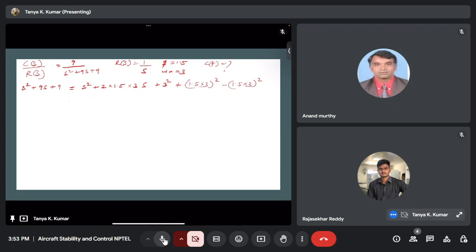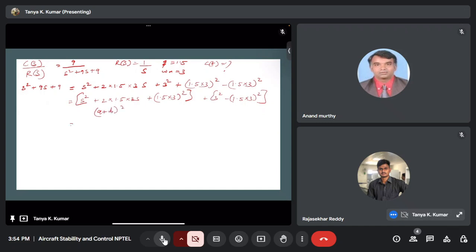So what happens now is that you get s square plus 2 into 1.5 into 3s plus 1.5 into 3 the whole square. So this is 1, and then you have 3 squared minus 1.5 into 3 whole squared. So you have two terms where this is a plus b the whole squared. So you can have a nice neat split.